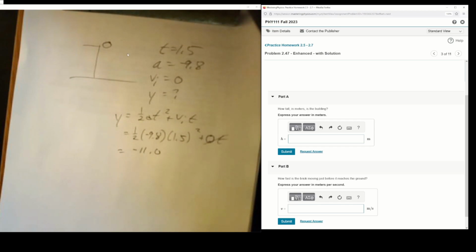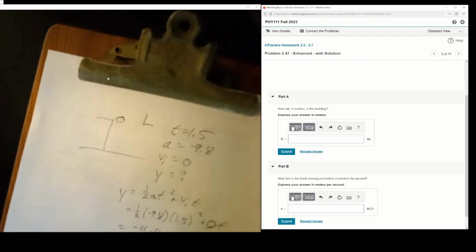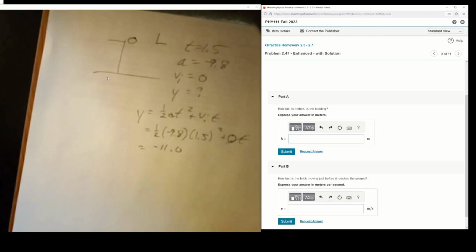So the brick fell, standard coordinate, so down is negative, fell minus 11 meters. But they are asking for how high the building is. Let's see what happens if I do plug in a minus 11. They want positive 11 for the height of the building.